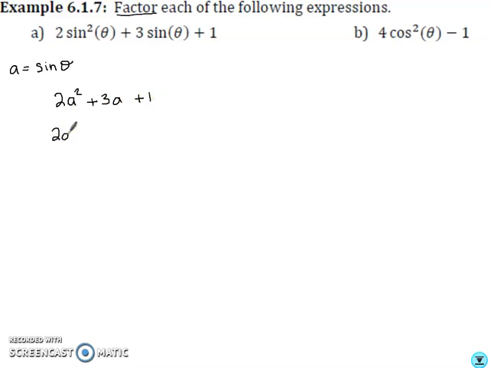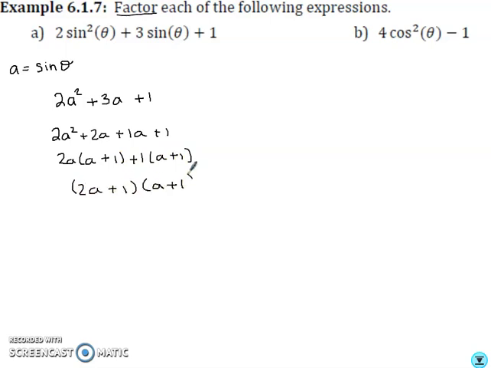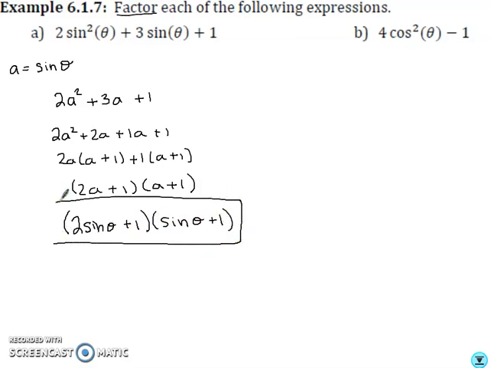You might factor by grouping. This is my preference, but you might have your own method, so you can use whatever method you need to factor. So I have 2A plus 1, and then A plus 1. But A is actually my sine of theta, so I need to make sure I resubstitute and put back in my sine of theta, so that factored form is 2 sine theta plus 1 times sine theta plus 1.